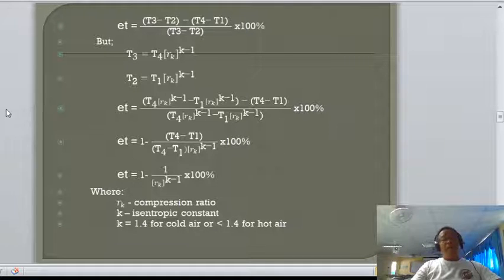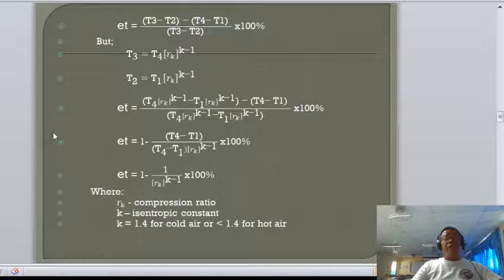The final equation for thermal efficiency will become 1 minus 1 over Rk raised to k minus 1. So we will notice that the thermal efficiency of the Otto cycle is now only in terms of the compression ratio.